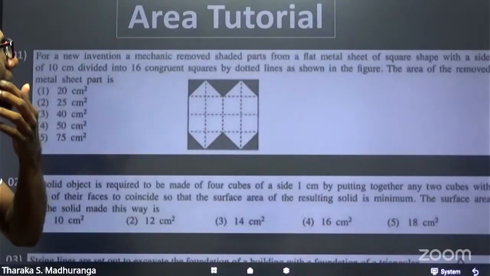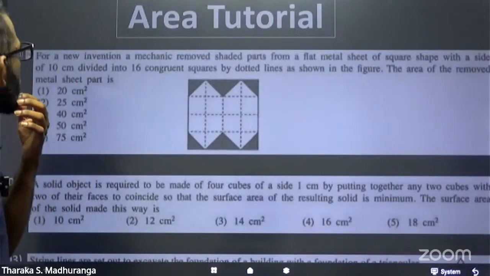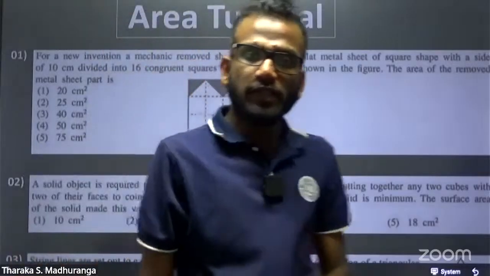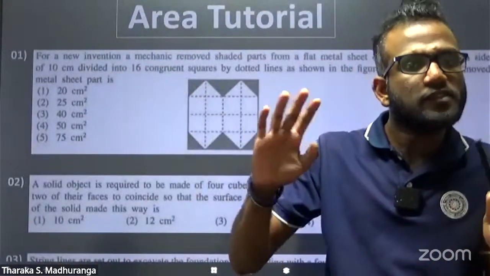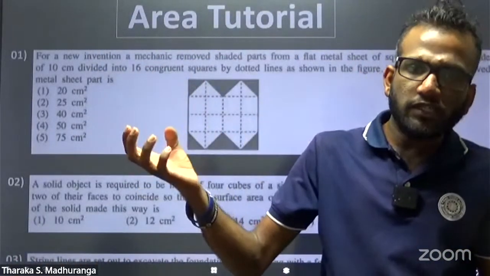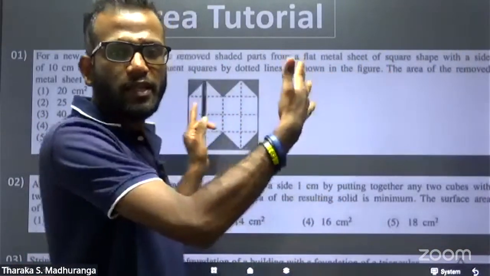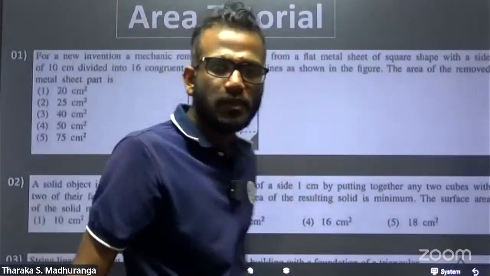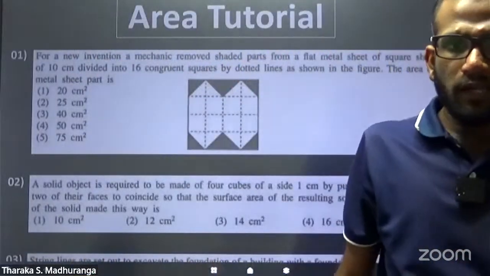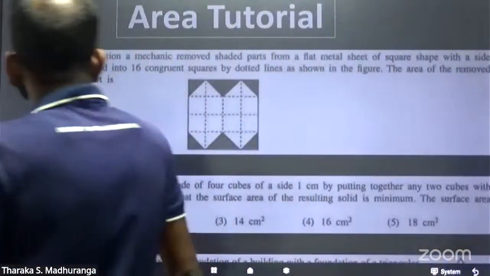The question asks for the area of the removed metal sheet, so you need to get the area of this removed part. I can give you 1 minute. It is a very simple question.